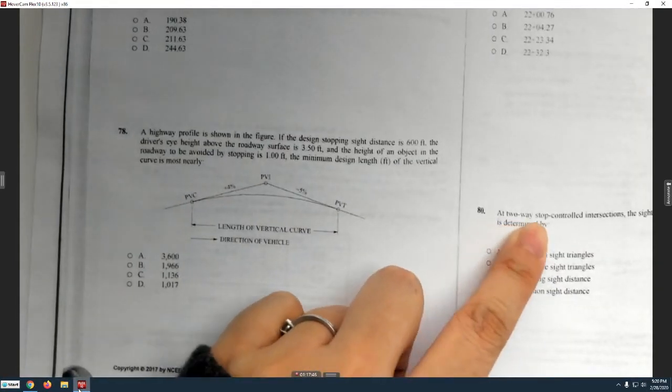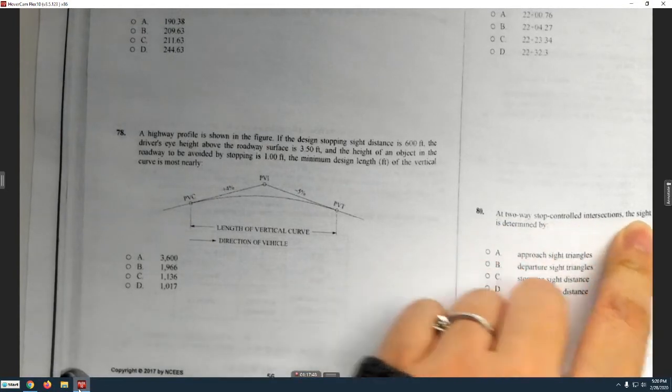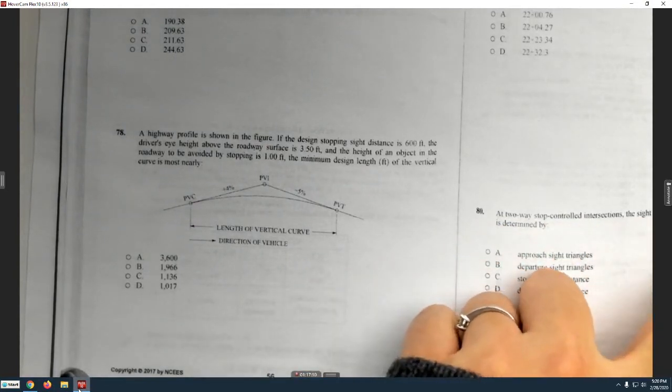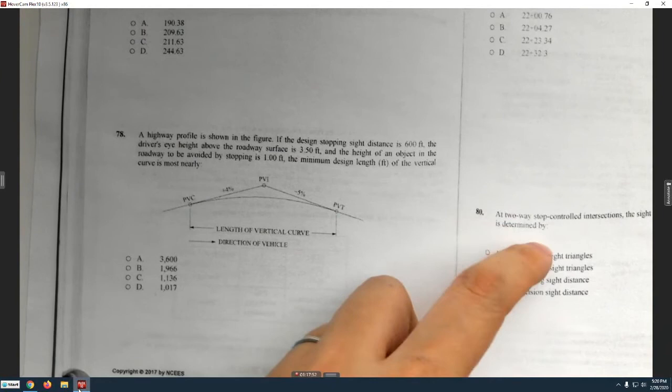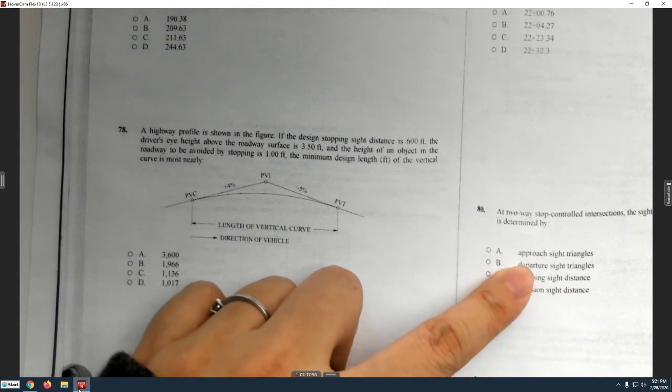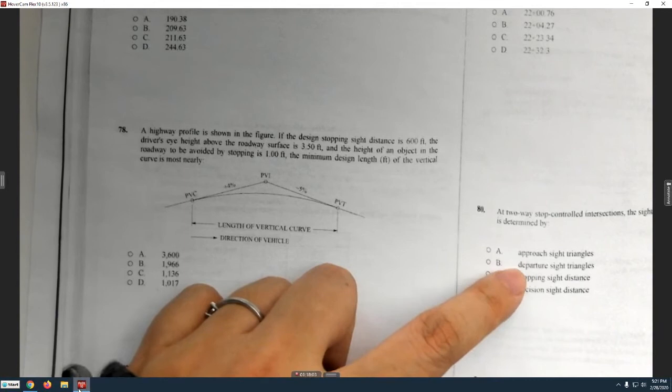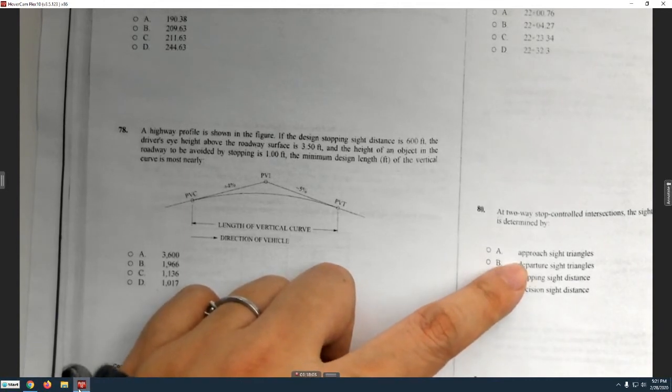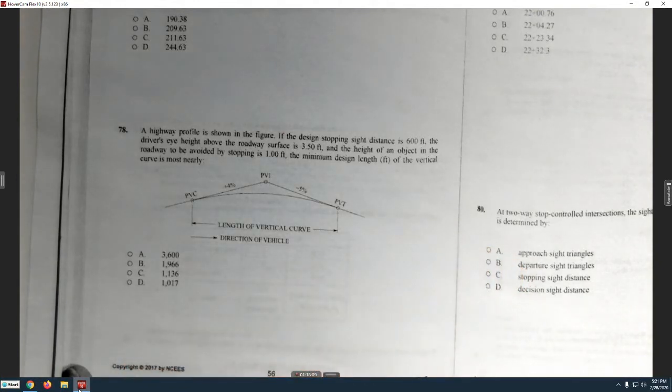At a two-way stop control intersection, the sight distance required for minor street movements is determined by... So this one, the answer is B. This is something we didn't cover in class and it's not included in the reference book either. We talked mostly about stopping sight distance or other things that could block sight distance.